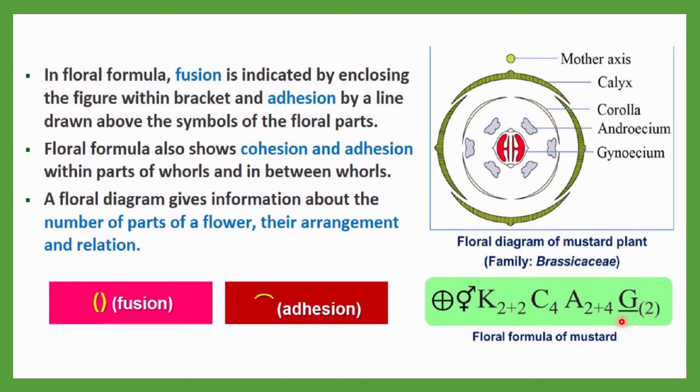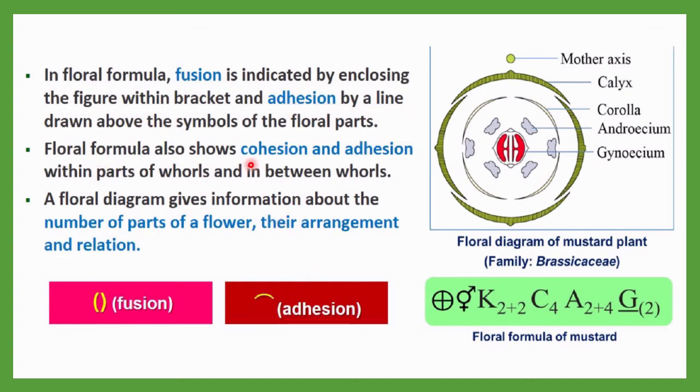If the 2 is written simply, then it is not fused, and if it is in brackets, then it is fused, meaning joined together. So fusion is indicated by enclosing the figure within brackets, and adhesion by a line drawn above the symbol, like this.